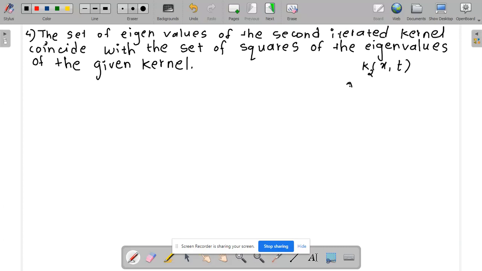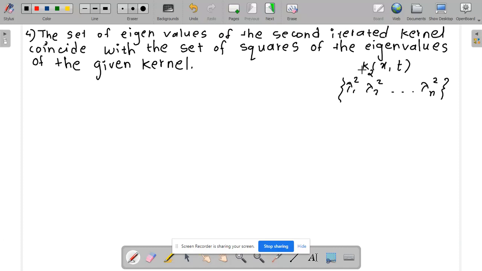So if lambda 1, lambda 2, up to lambda n are the eigenvalues of the given kernel, then their squares will be lambda 1 squared, lambda 2 squared, up to lambda n squared. This set and the set of eigenvalues of K2(x, t) will be the same. That is what this property tells us.